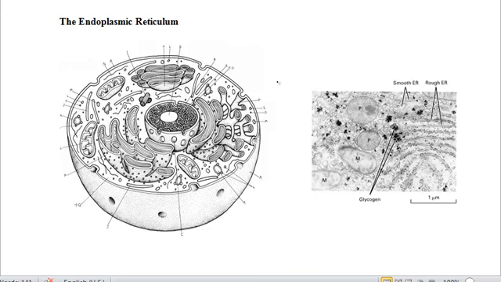The next portion we're going to talk about is the endoplasmic reticulum. And the diagram of the cell never does the endoplasmic reticulum justice. So it's continuous and this doesn't do a very nice job of showing it.